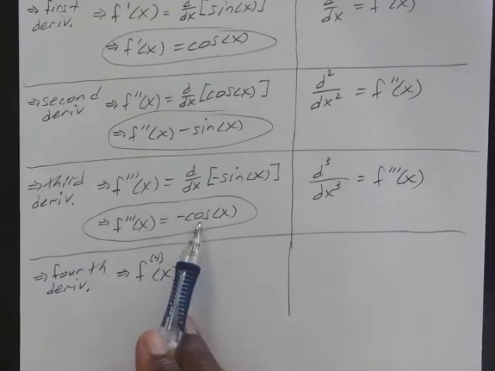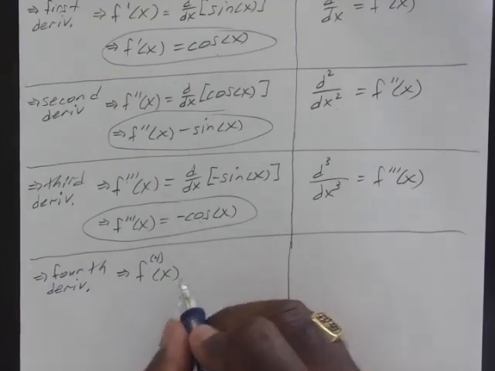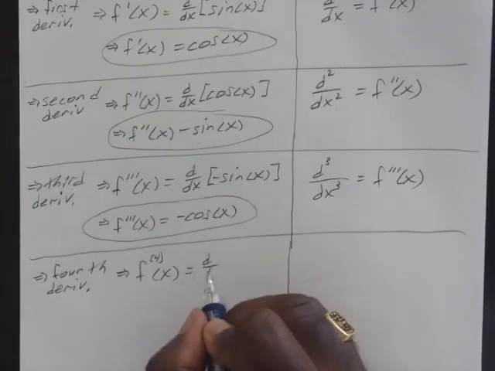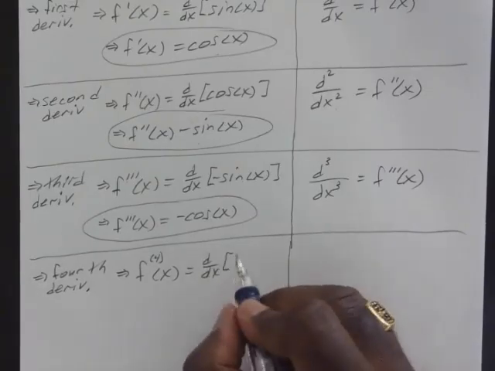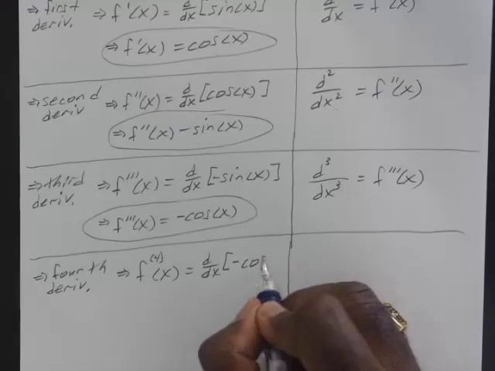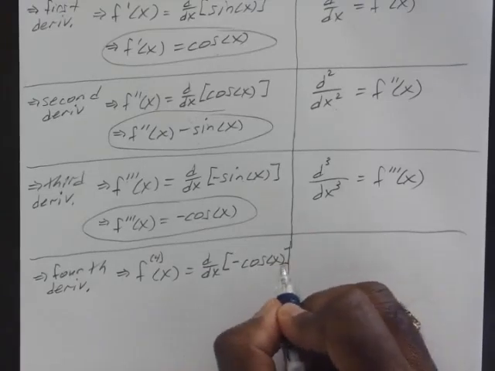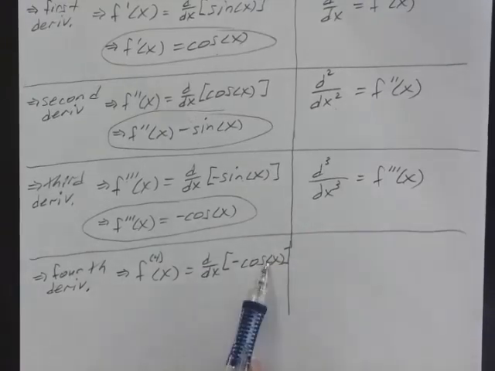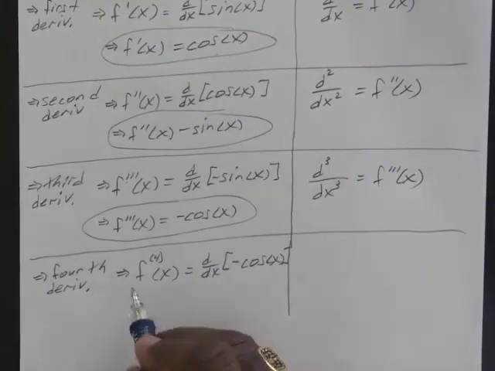And that's the derivative of negative cosine, or the derivative of your third derivative. And the derivative of a negative cosine is positive sine.